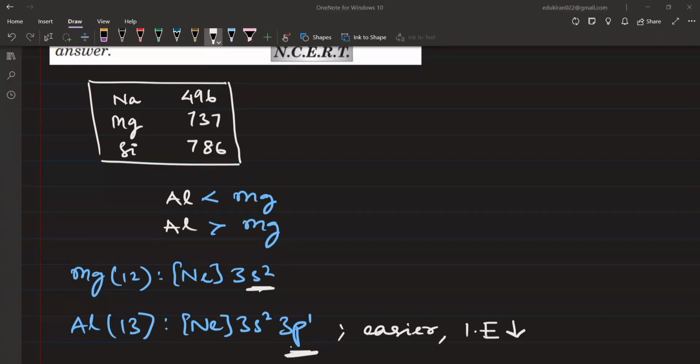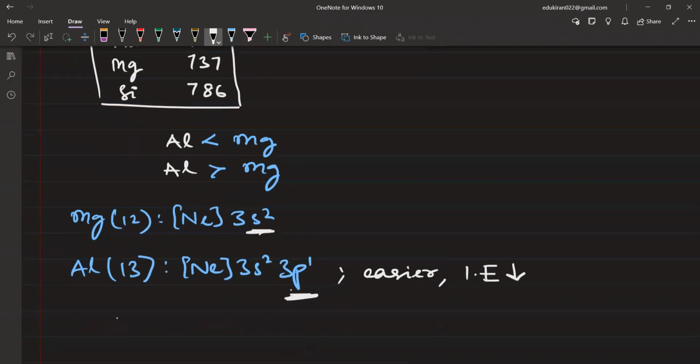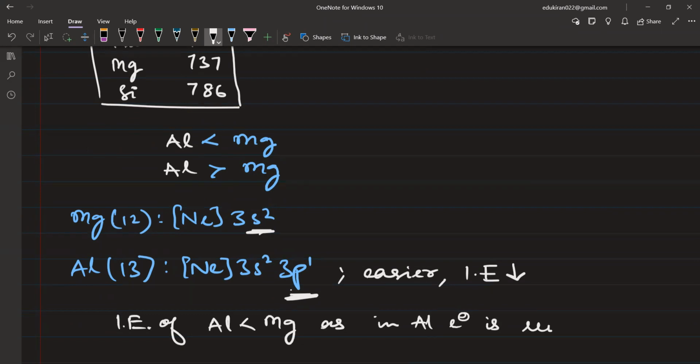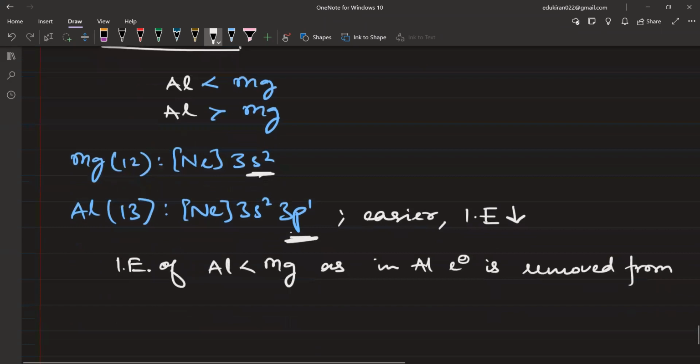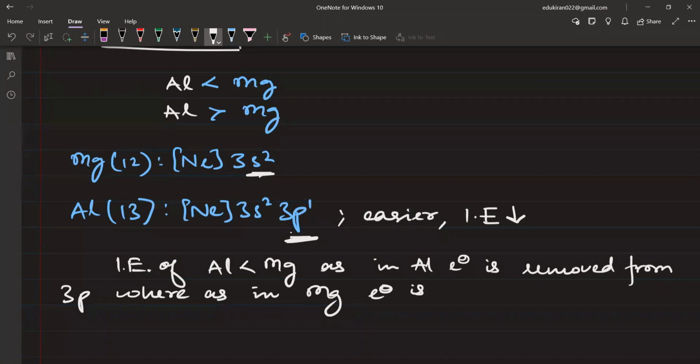So we can say that the ionization enthalpy of aluminium is lower than that of magnesium, as in aluminium, the electron is removed from 3p, whereas in magnesium, the electron is removed from 3s.